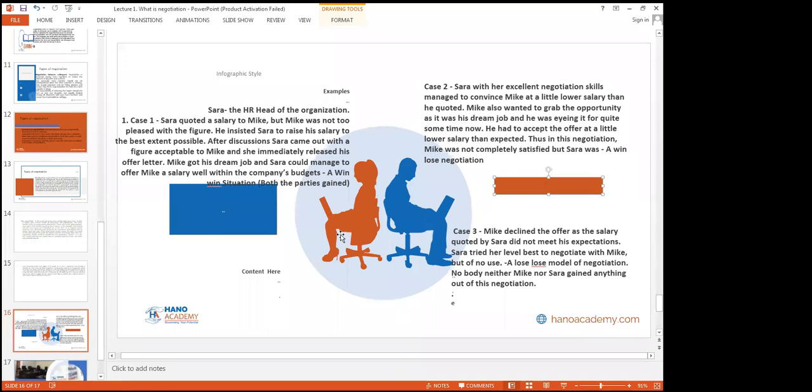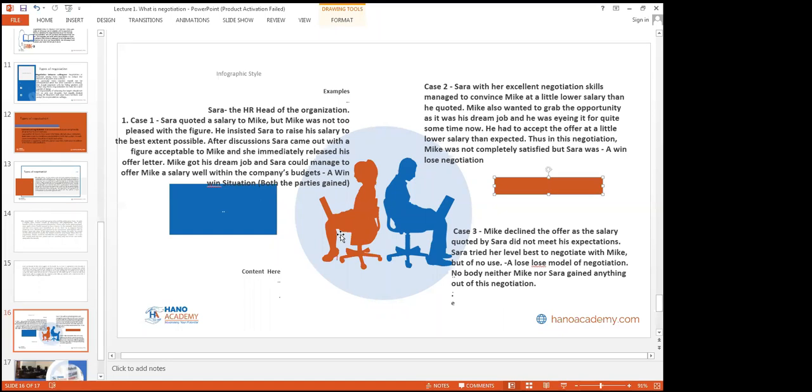There are many other areas of negotiation. As you read the materials that you have been sent on the platform, you'll find out many other forms or ways of negotiation: how people negotiate for the prices of commodities, how people negotiate for some benefits in the company, how people negotiate for issues in their day-to-day life.